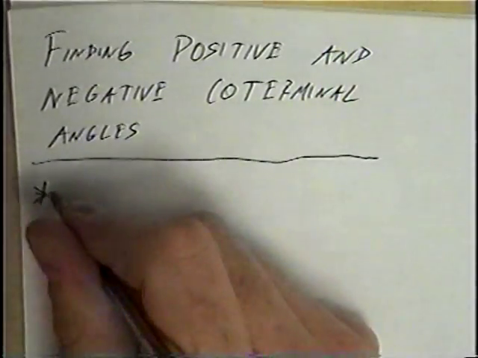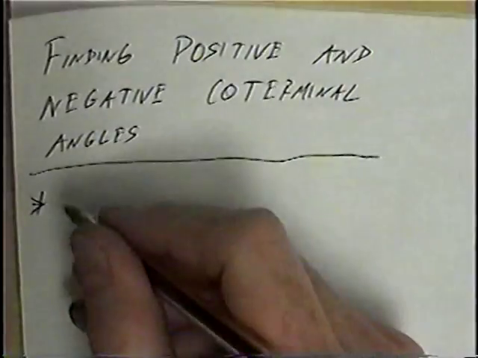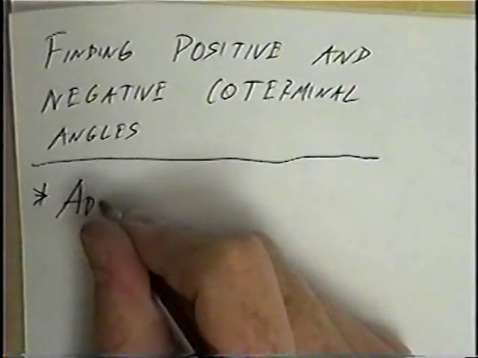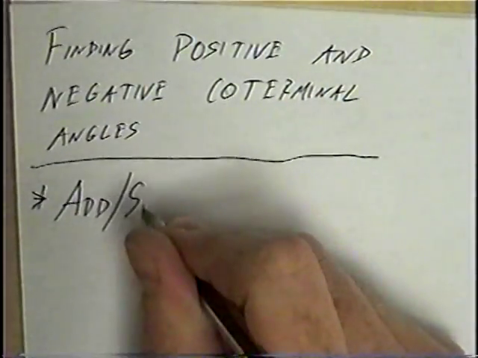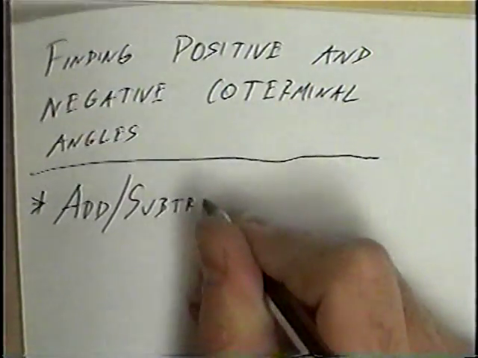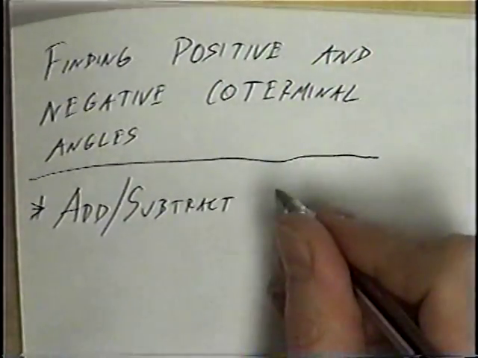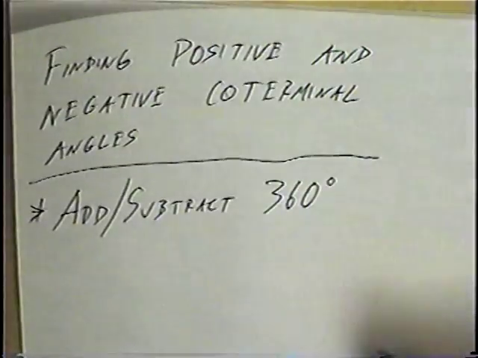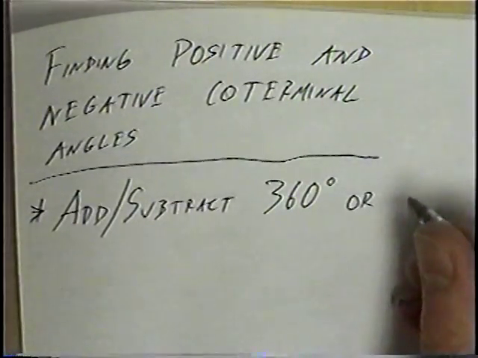The definition or way to find coterminal angles is add or subtract 360 degrees or 2 pi.